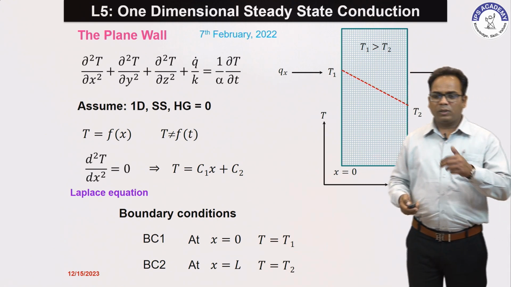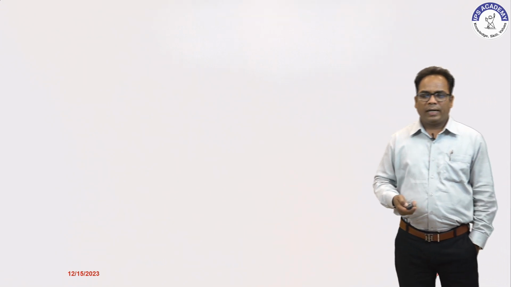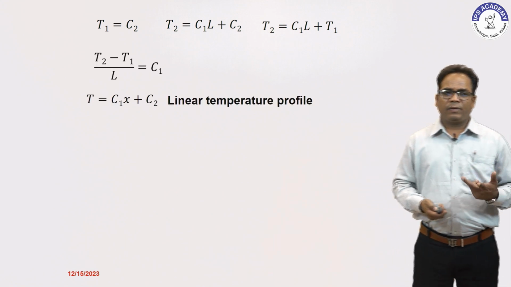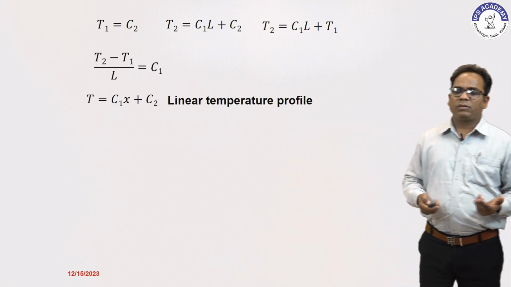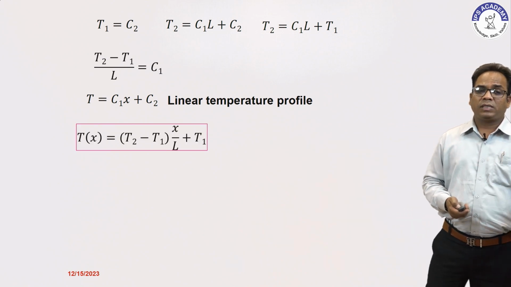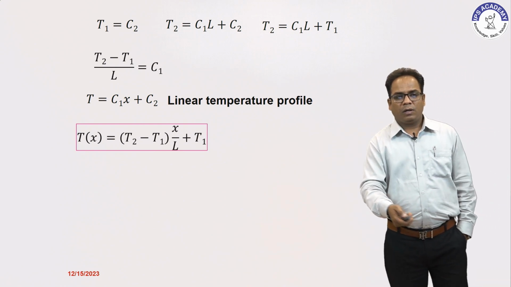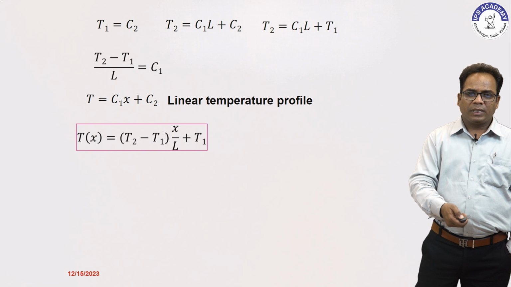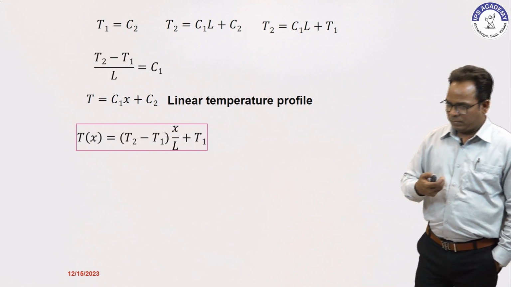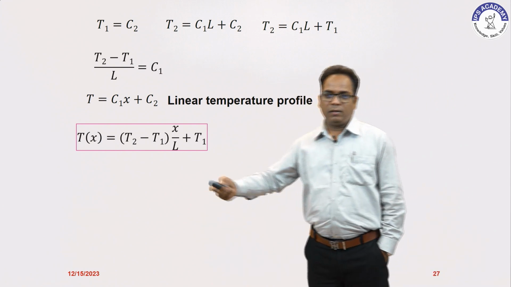So we substitute the values of x and obtain C1 and C2, and after resubstituting them in the equation, we get the temperature profile which is linear. So in this way, the temperature is a function of x, but it varies in linear form.